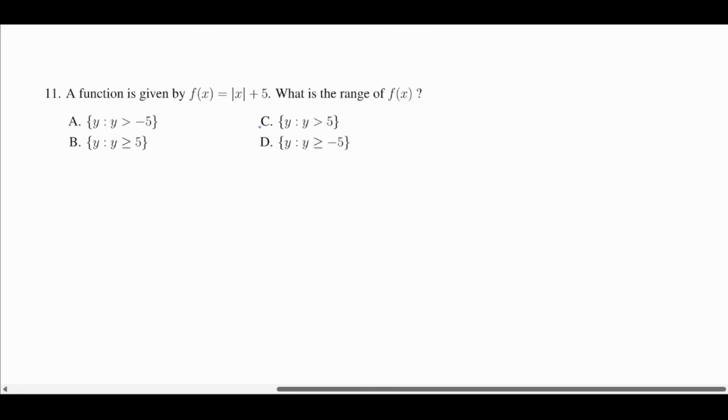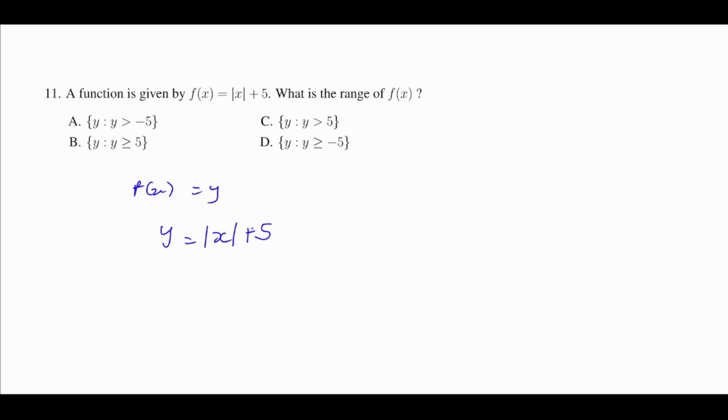Now question 11 says we should find the range of this function. For the range, we make x the subject. So let f of x be equal to y, and then we have y equal to the absolute value of x plus 5. What we can do here is make x the subject.